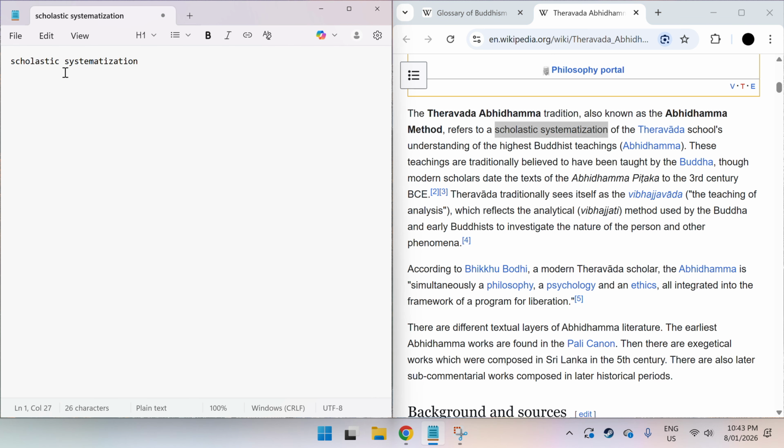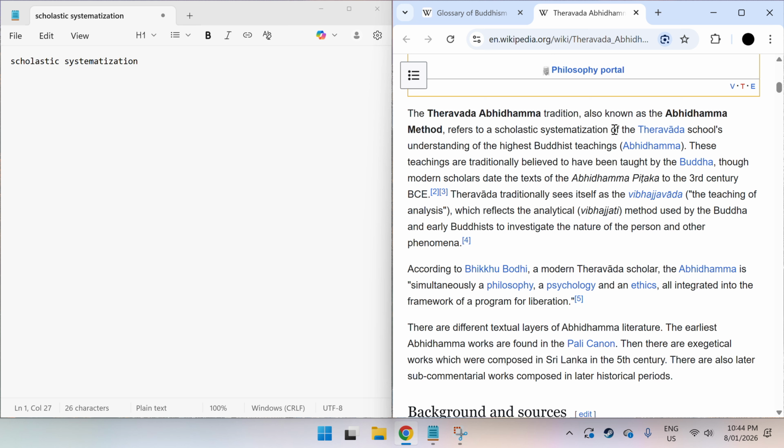So what we're talking about here is texts and how texts are organized and preserved. But I guess this word systemization here, I want to know what that means exactly in this context. So I will read on.